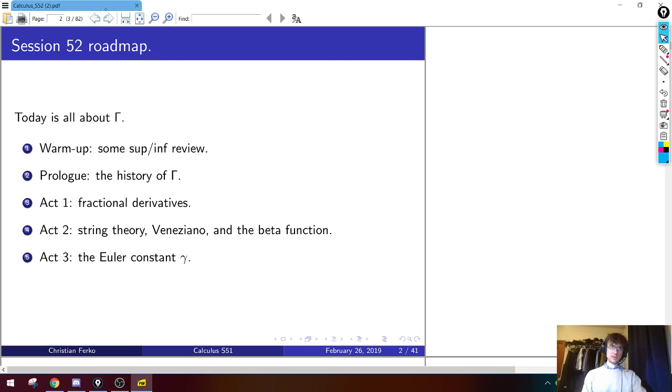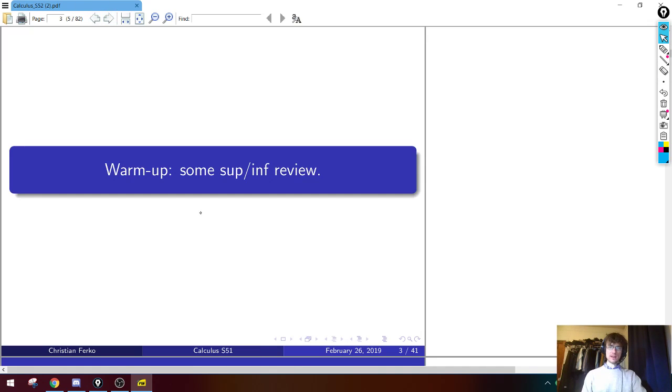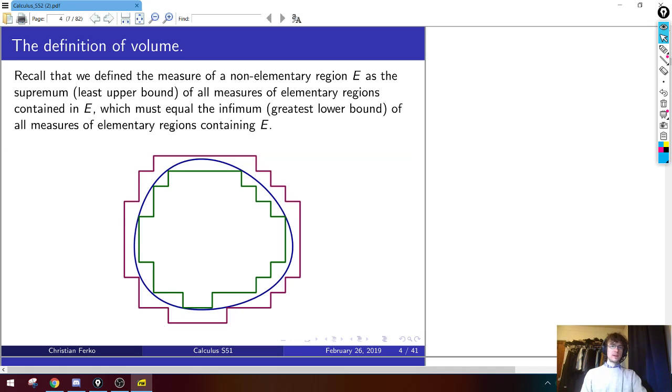First let's do the horse and do some supremum infimum stuff quickly. So again, why is this important? We saw this very central definition of volume or measure in any number of dimensions.